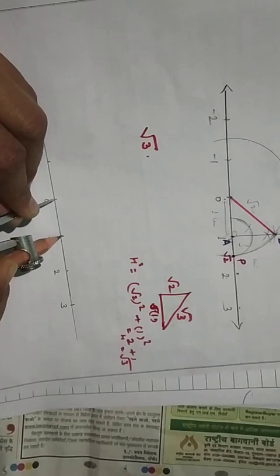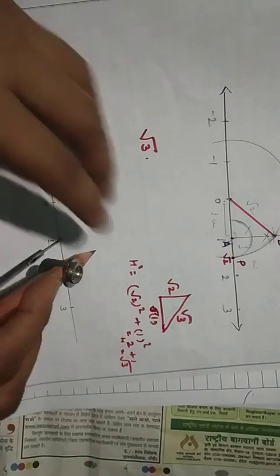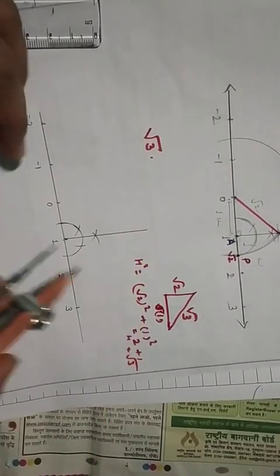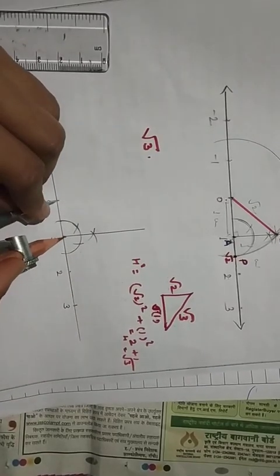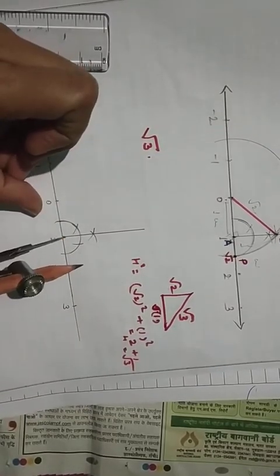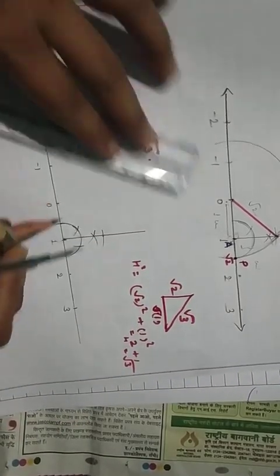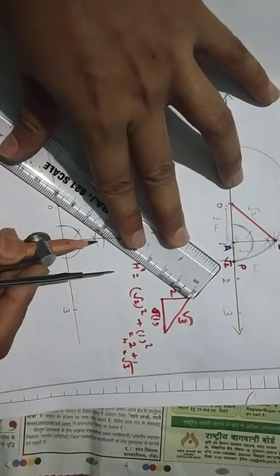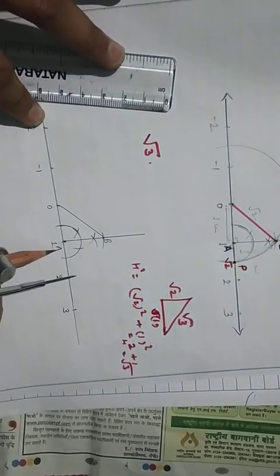Take 1 unit distance here and just make a 90-degree angle here. This 90-degree line you will draw with the same process. Now again take 1 unit distance. This is 1 unit. So take here a 1 unit arc and just join this point and this point. We have joined. This is suppose B, this point is A.